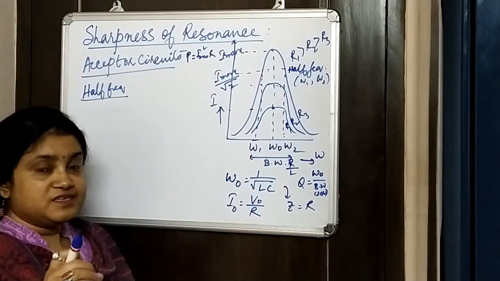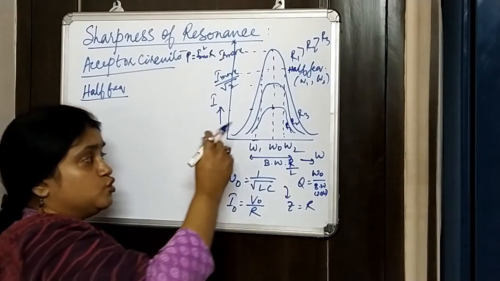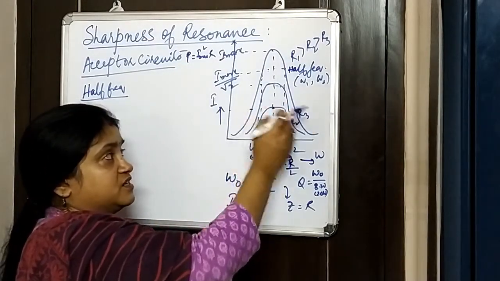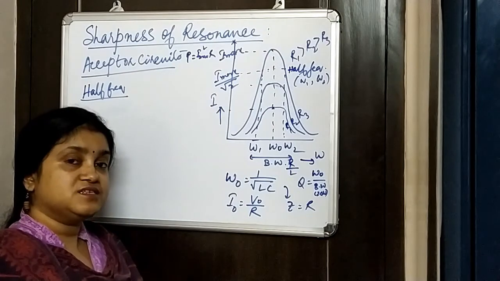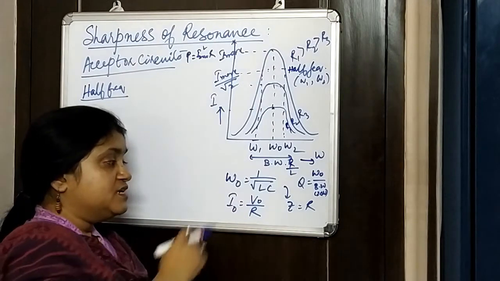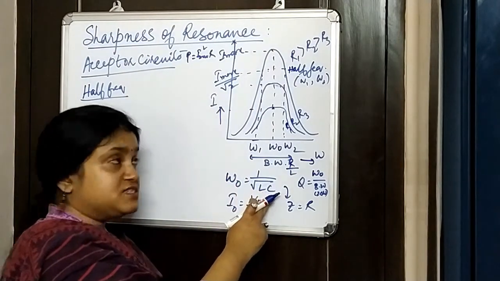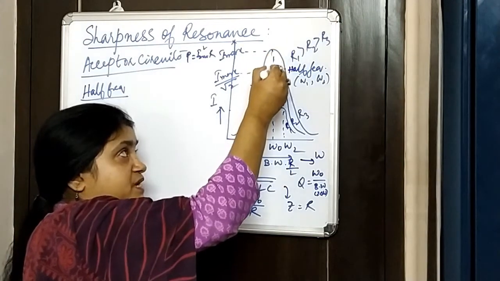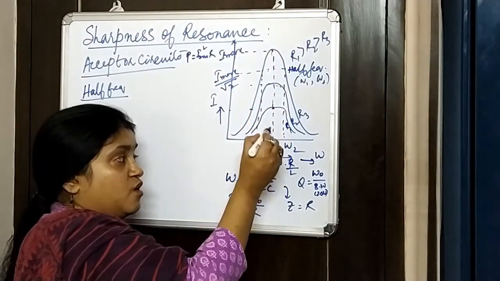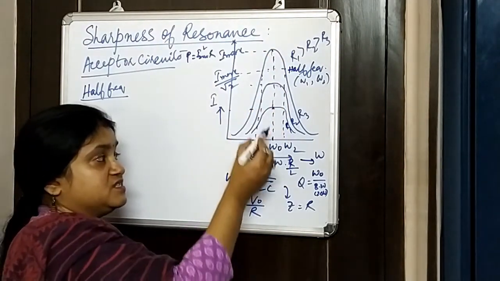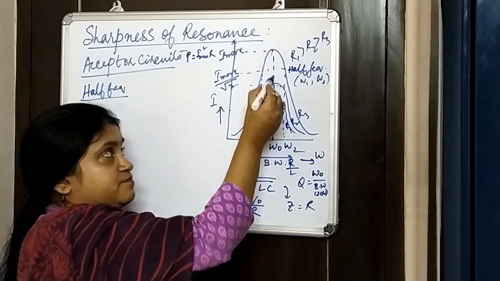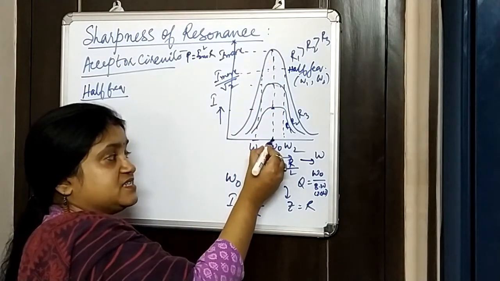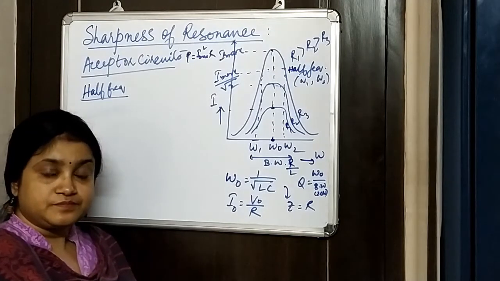So for the resonance, though the curves are changing with R for different circuits, since L and C are fixed, the peak of the resonance is happening at the same frequency.